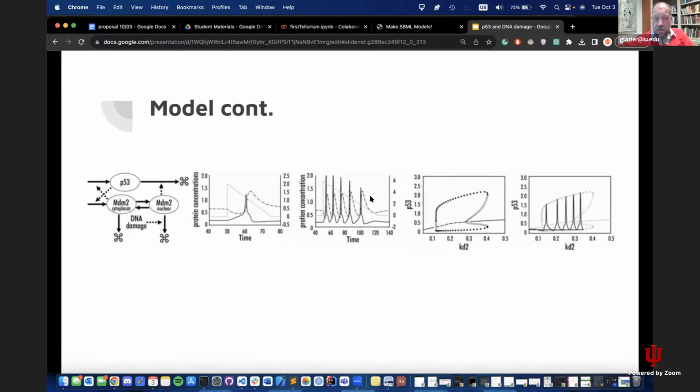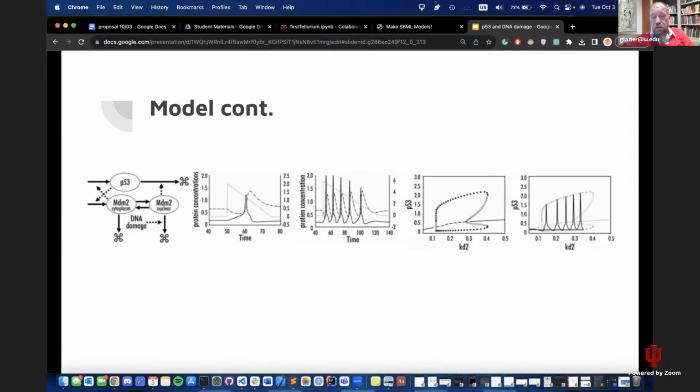To the left, where KD2 is small, there's a single value of P53, and that's stable. If we push it up or down from that, it comes back. That's what the solid line means.